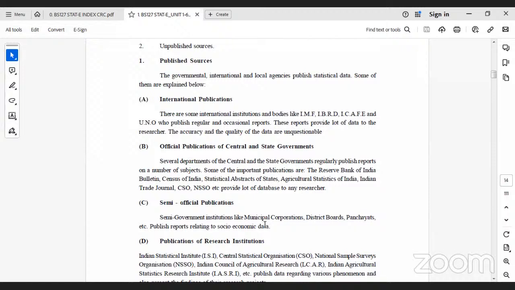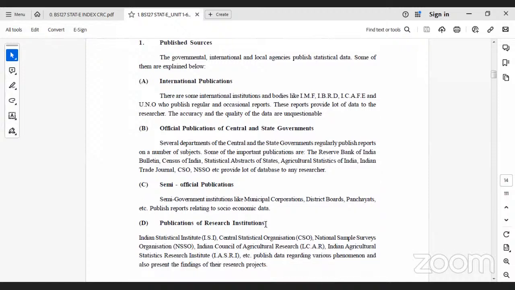Semi-official publications: semi-government institutions like municipal corporations, district boards, panchayats, etc. publish reports relating to socio-economic data.